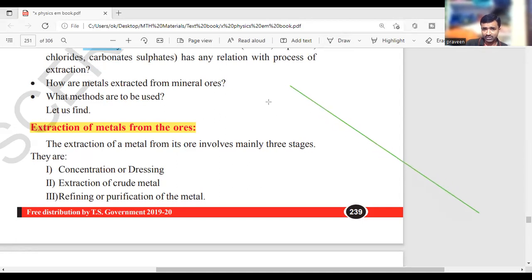You can make a slopy surface. On the slopy surface, simply we can place the ore particles, right? By placing the ore particles here, we can allow a small stream flow of water, right? With a small stream flow of water, what happens?